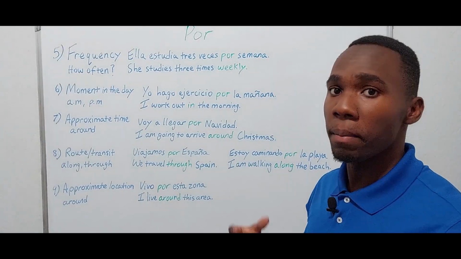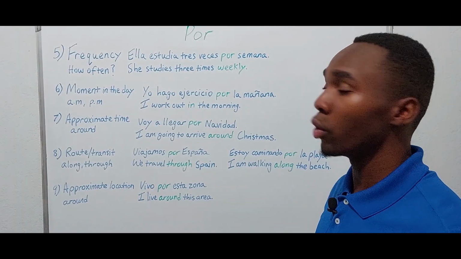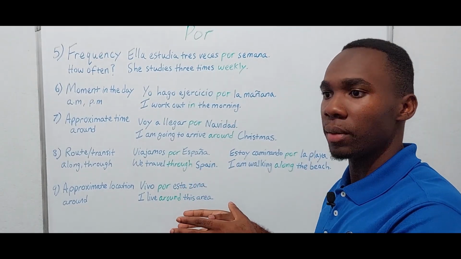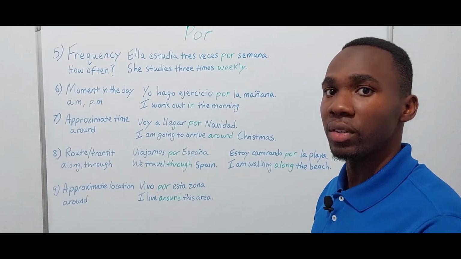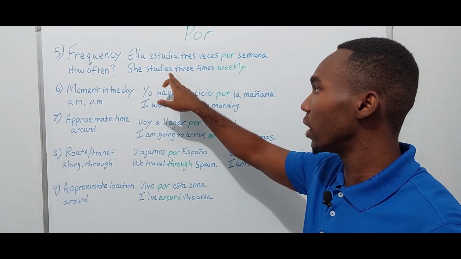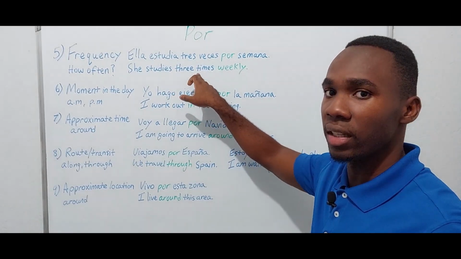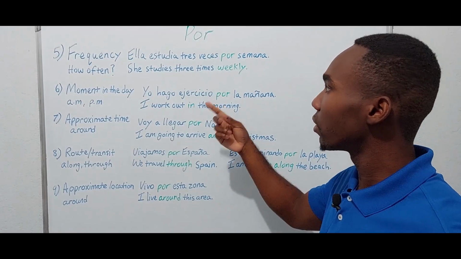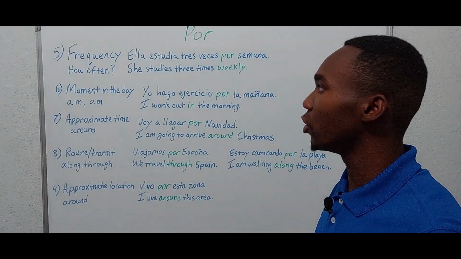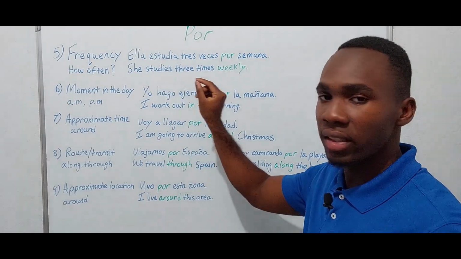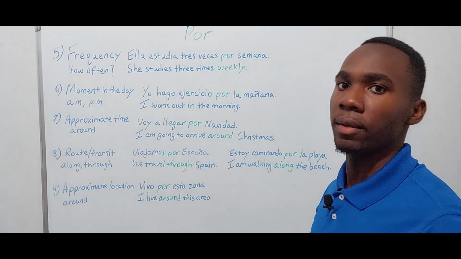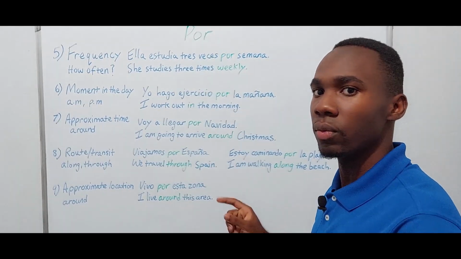If I wanted to say monthly, I would say por mes. Right? So por plus the amount of time would give you the frequency in this case, because earlier it said 3 times, 3 veces, right? So that's telling us how often she performs the activity. So how often does she study? 3 veces por semana, 3 times weekly.